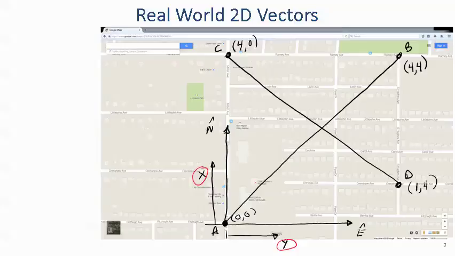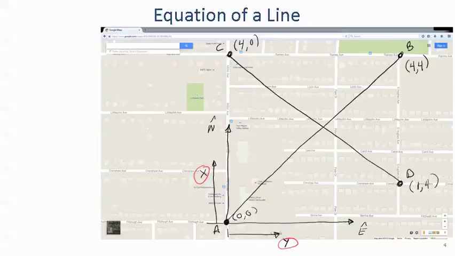So let's take a look at that process. This time we're not going to use 2D vectors, but we're going to develop the equation of a line that describes motion in this direction and describes motion starting from there and going in this direction.